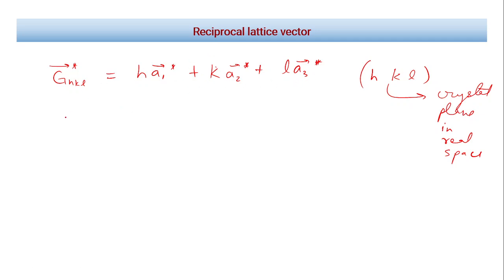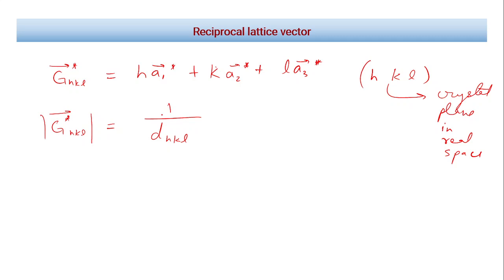Okay, we'll see how. And the property of this reciprocal lattice vector is that when we take its magnitude, it comes out to be this. For the derivation you can check this week's lecture videos. We are just trying to understand and quickly revise.